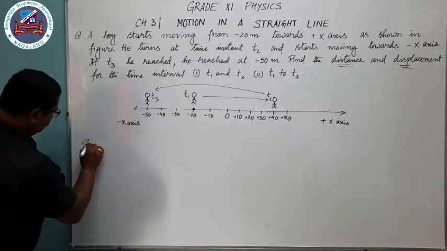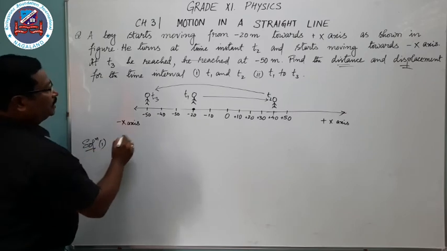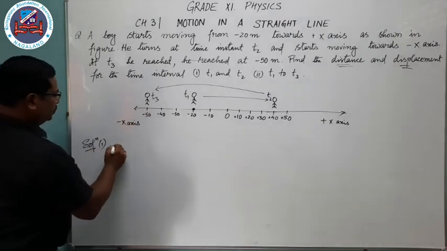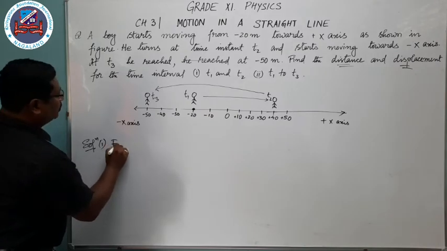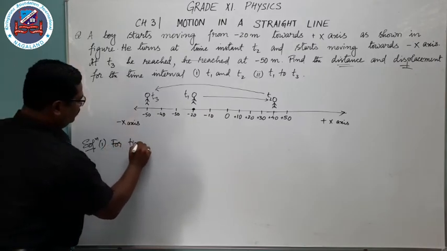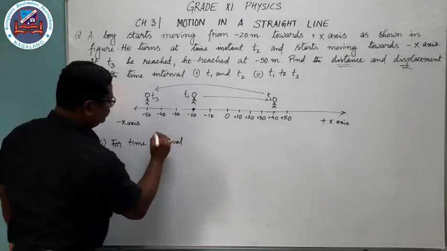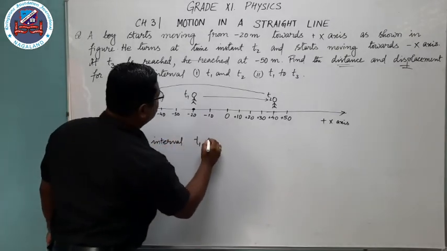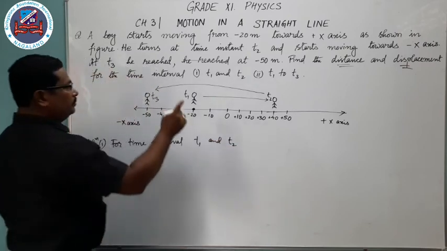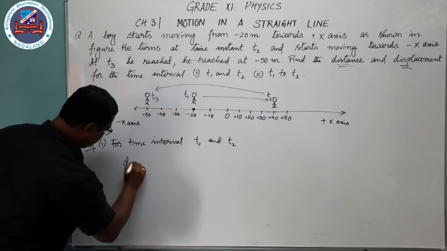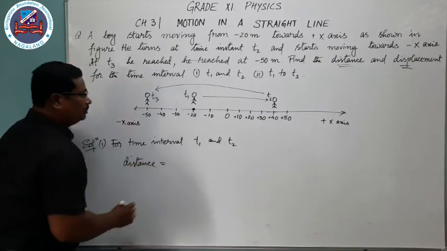So, solution for the first one: for the time interval t1 to t2, find the distance and displacement. Distance is a scalar quantity, as we know.